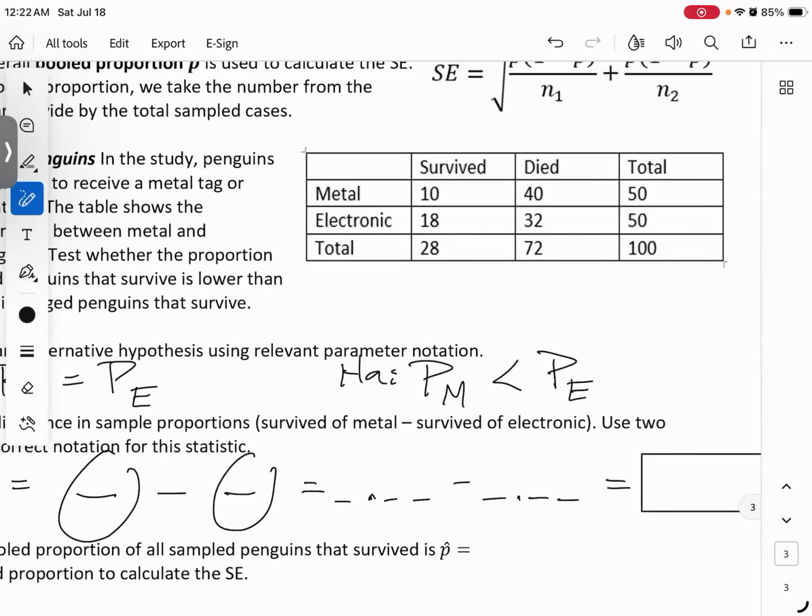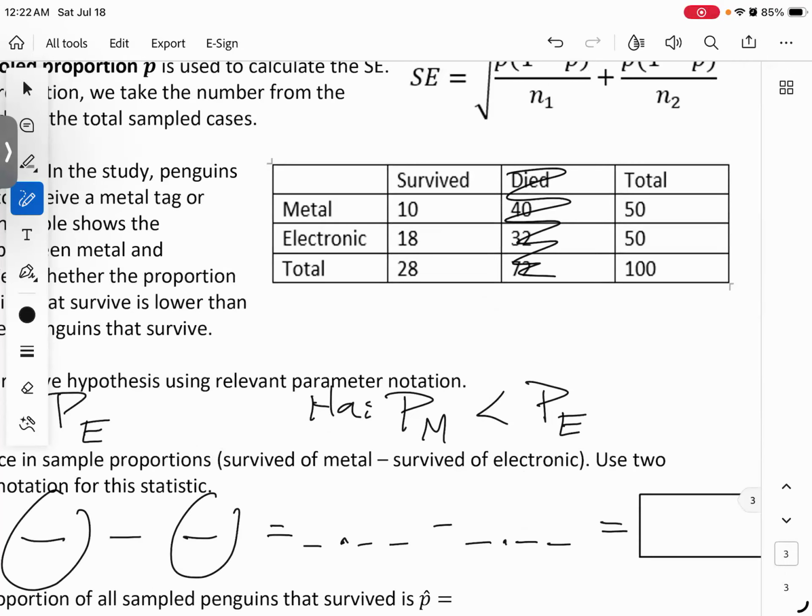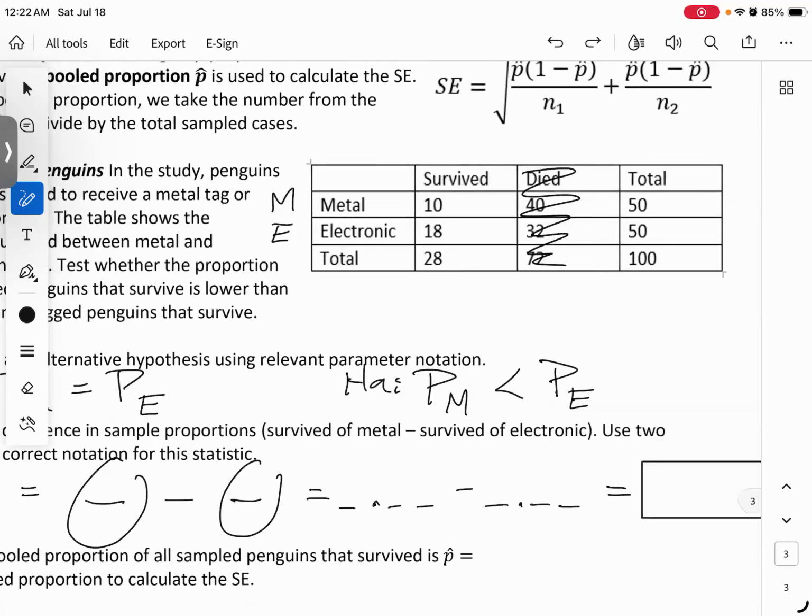So for that reason, we can scratch out anything focusing on those that died, because the main thing is metal versus electronic, who survived. And you can see our fractions right there: 10 out of 50 survived for metal, and 18 out of 50 survived for the electronic.